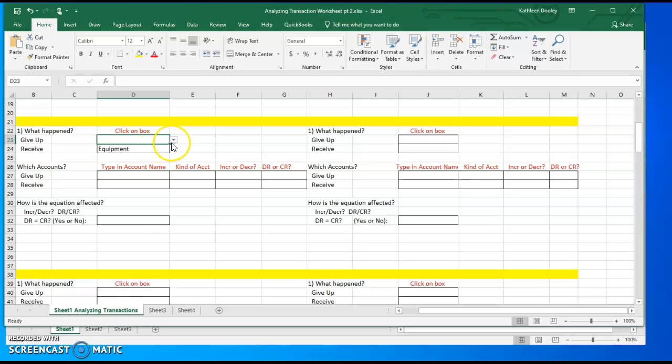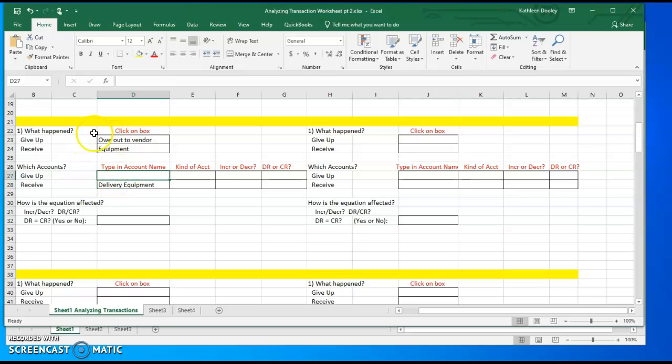Today we gave up the fact that we owe out to a vendor. We took that obligation on our shoulders. Now I need to find an account name for equipment, which we already know is delivery equipment. And we have to find an account name for owe out to vendor.